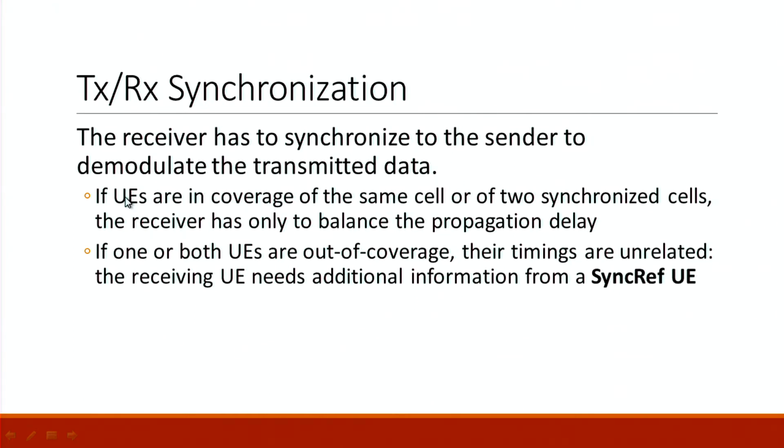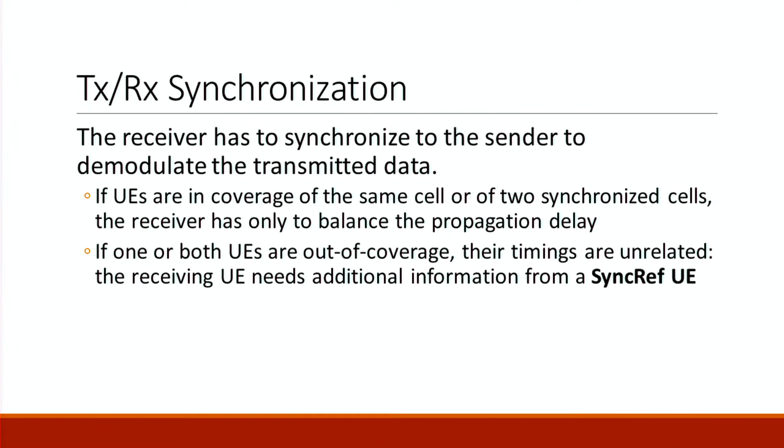If the UEs that want to communicate are in coverage of the same cell or even of two synchronized cells, you have no problem. You just have to balance to control the propagation delay and the timing advance, but this is easy. When one or both of the UEs are out of coverage, then one of them needs to have a so-called syncref UE.